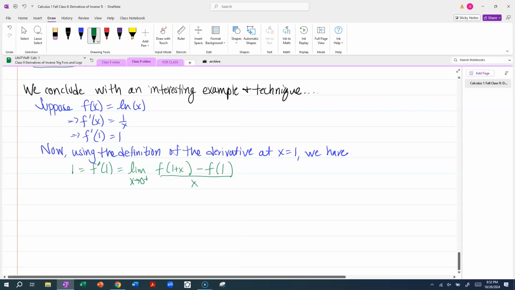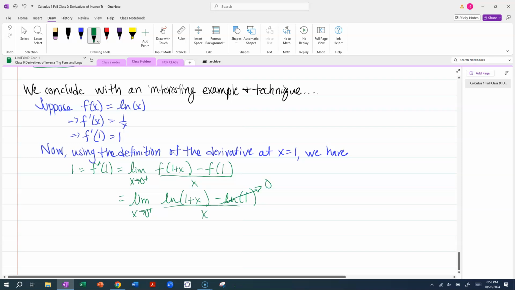Continuing, this would be the limit as x goes to 0 from the right of natural log of 1 plus x, minus natural log of 1. That's just the definition of the derivative, all over x.